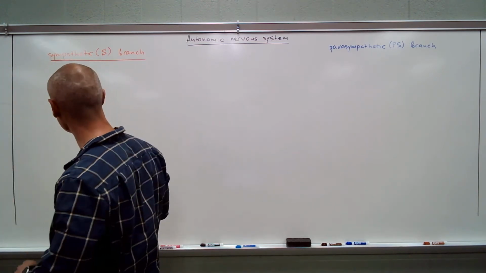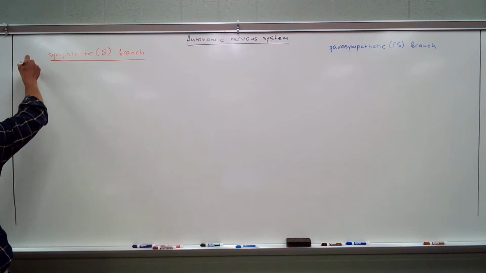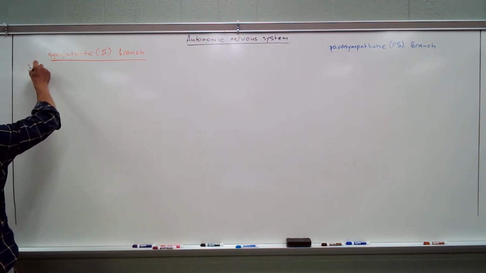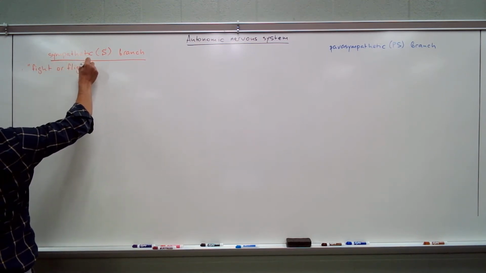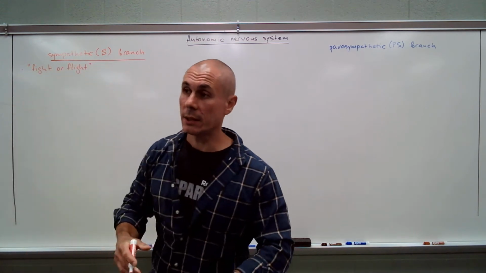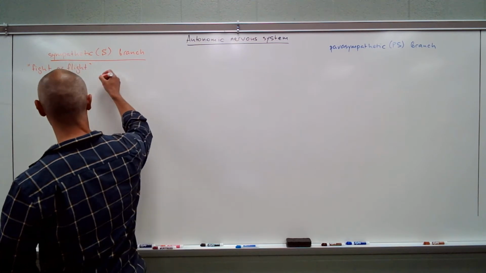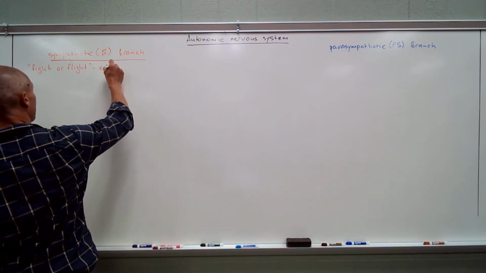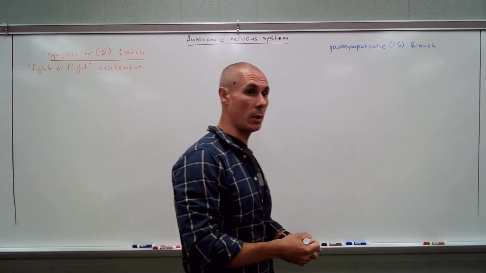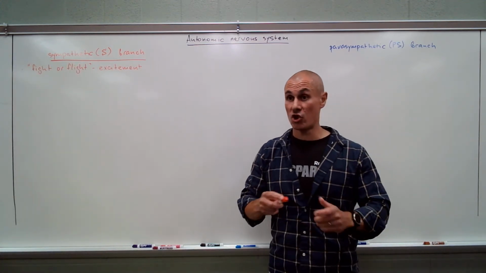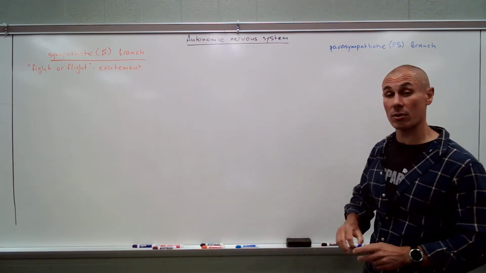Okay, so let's start with the cool names. The sympathetic nervous system is known as fight or flight. Basically, this is the system that increases its activity in some kind of excitement. It ranges from going to the gym to your response to the attack of a rabid raccoon.